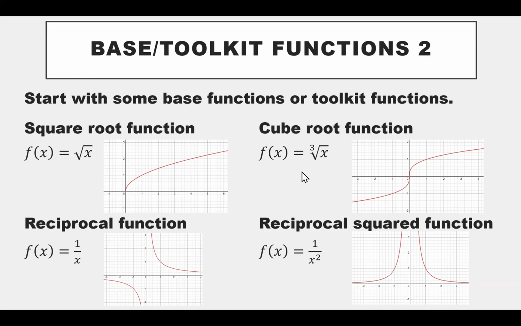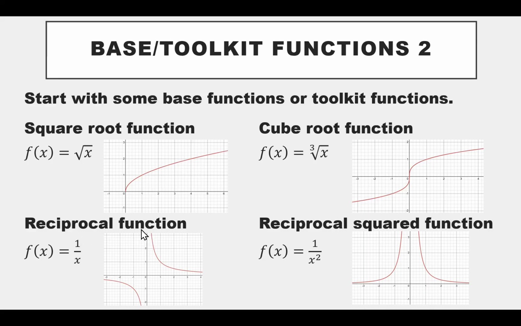Cube root function, f of x is equal to the cube root of x, looks like this. You can plug in negative numbers there, and we get this shape. It kind of looks like a square root, although the growth isn't quite as fast as the square root. And it has a symmetry about the origin. We'll talk about that later.